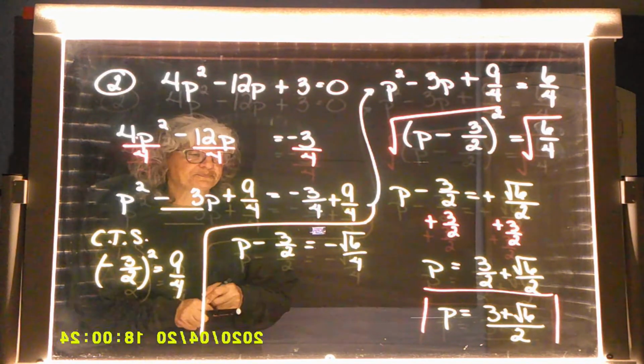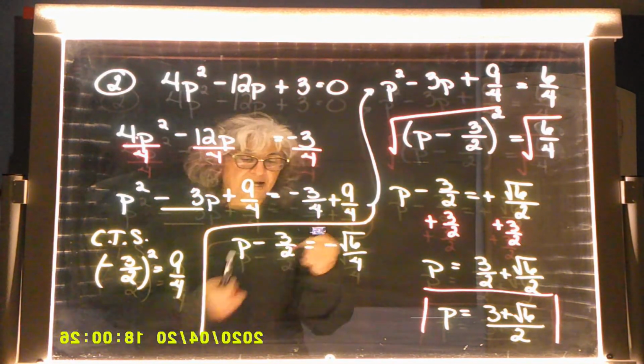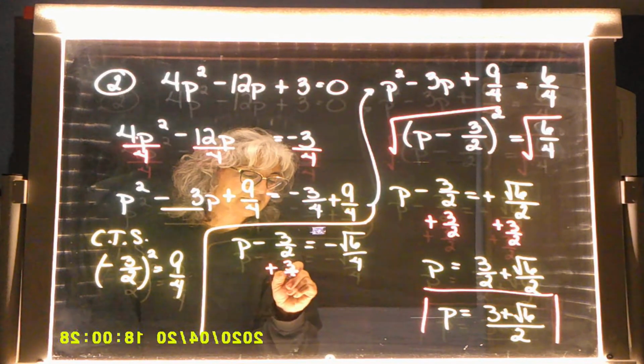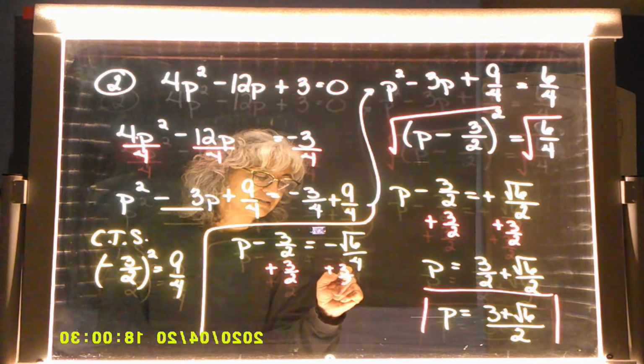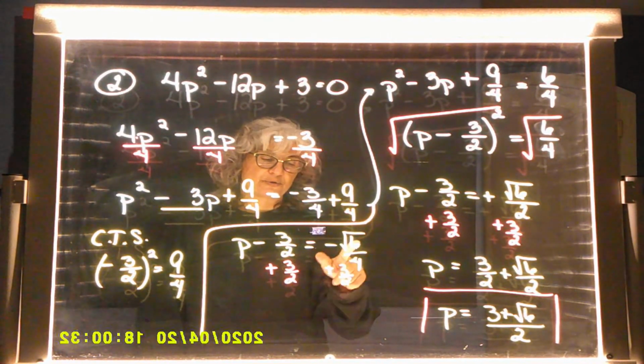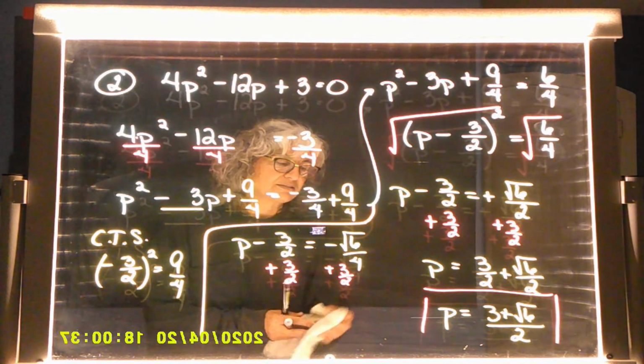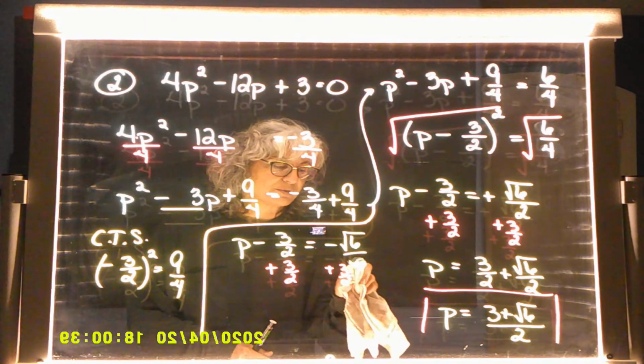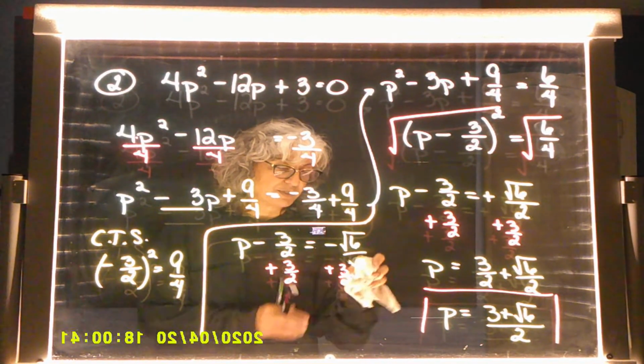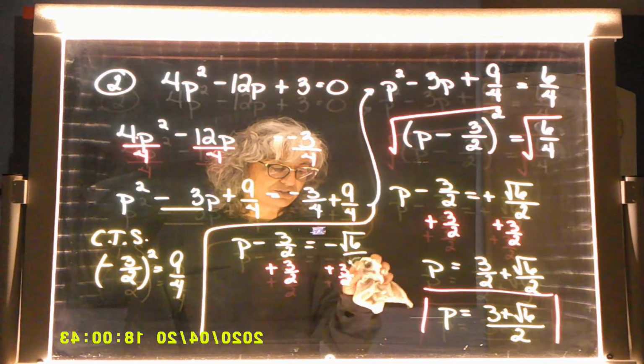Now, over here, I would add the 3/2 to both sides. And again, can you add a square root with a non-square root? Whoops, nope, you can't. Sorry, I got carried away with that 4. It should have been a 2, shouldn't it have been? See, this is why it's good you do the work with me.